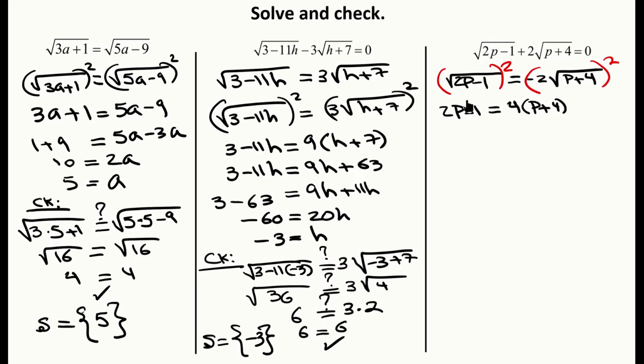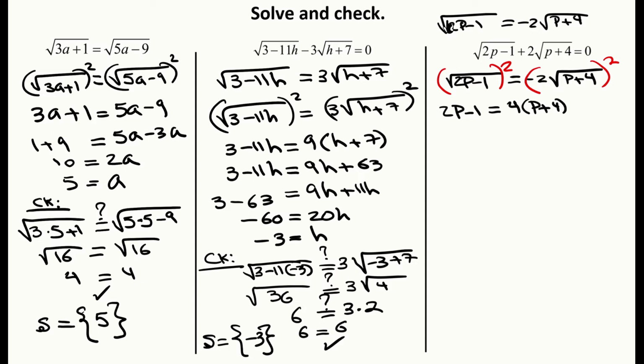I do hope you noticed something a little bit subtler in the previous step. Notice we had ended up with square root of 2p minus 1 equals negative 2 radical p plus 4.